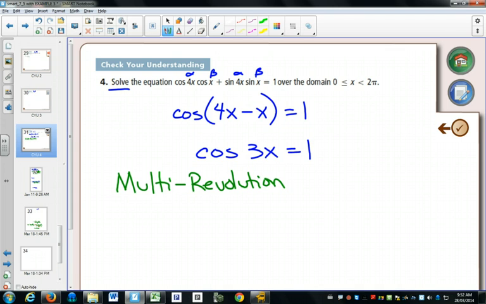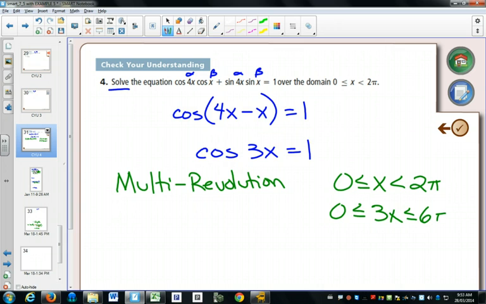So the first thing we do in a multi-revolution question is we look at our domain, x is between 0 and 2 pi. And so for 3x, we just multiply 0 by 3 and 2 pi by 3.